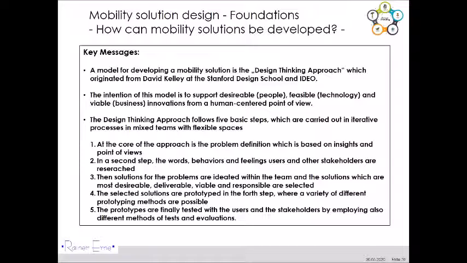Third, ideate as many solutions as possible. And fourth, select one desirable, feasible, viable solution and build a prototype which you show in the 5th stage to the users or the customers in order to validate them, to test them, and to start another iteration of the process. Thank you very much.